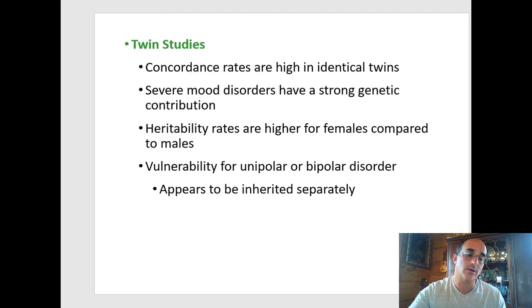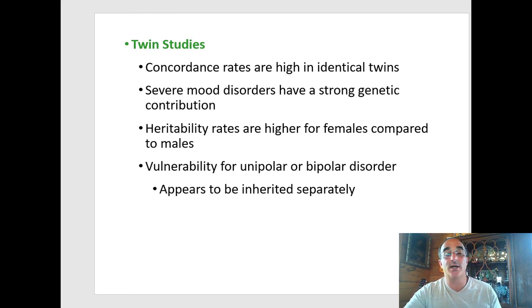In terms of genetic components, in twin studies, there are high concordance rates for depression in identical twins. Several mood and depressive disorders have strong genetic contributions, and heritability rates are higher for females compared to males. And there are some other vulnerabilities around bipolar and unipolar, and that will be discussed in a later chapter.